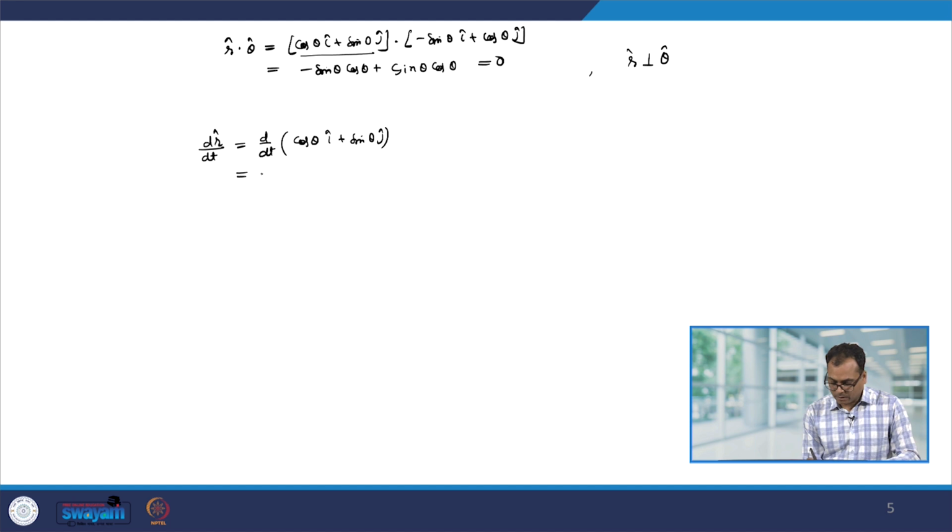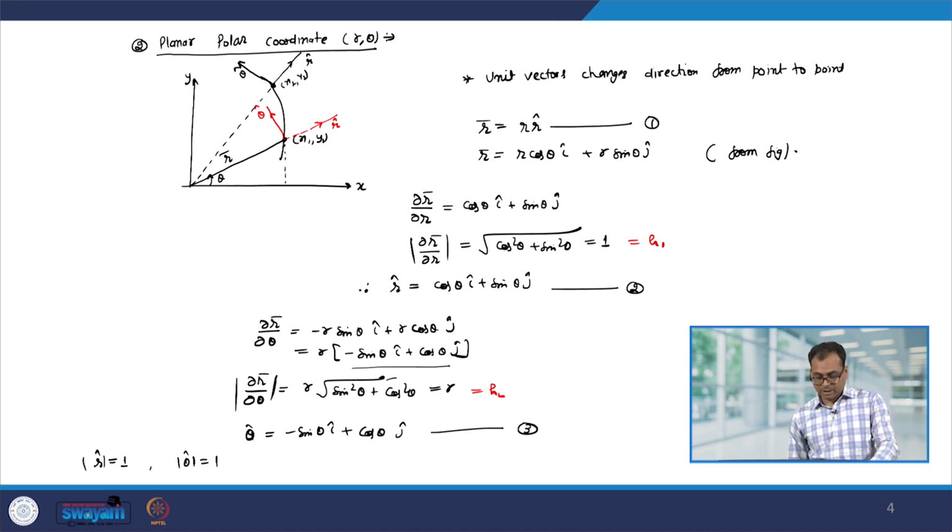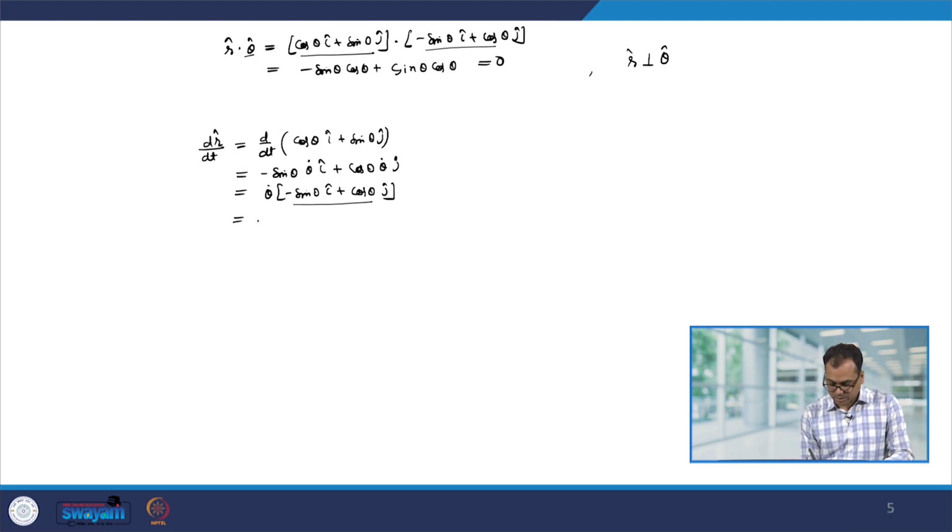It will be minus sin theta, then derivative of theta is theta dot, i plus cos theta theta dot j, and I can take theta dot outside. So it is theta dot times minus sin theta i plus cos theta j, and minus sin theta i plus cos theta j is nothing but theta cap. You can look at equation number 3. Therefore this becomes theta dot theta cap.